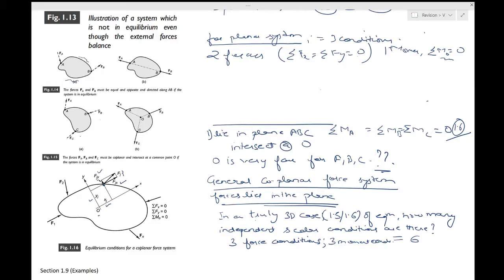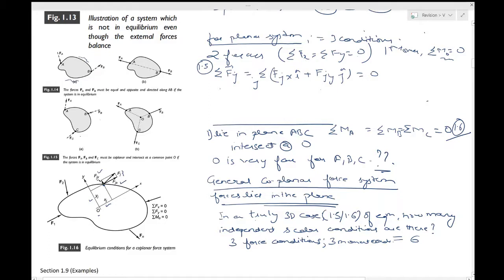And if you write the vector sum of the external forces for this system, which was 1.5, if you remember, that would give you sigma Fj equal to sigma over j of Fjx i cap plus Fjy j cap, and this must be equal to 0.